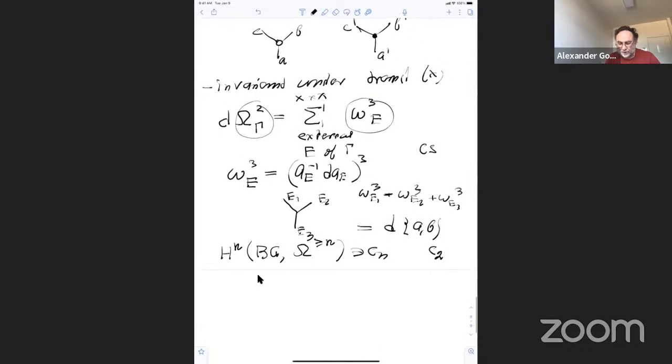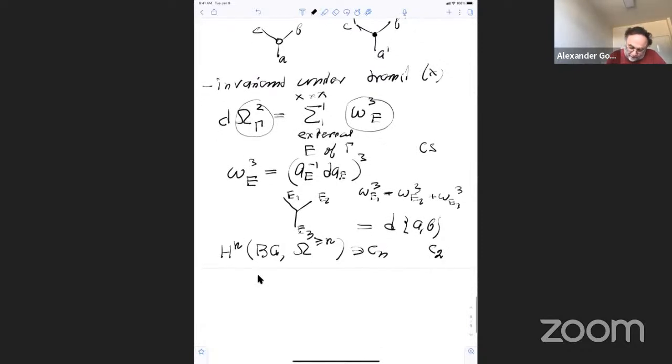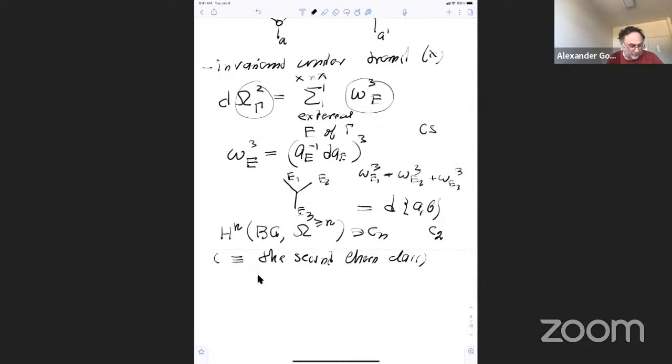So this is just the second Chern class. So this data is precisely the second Chern class, but with coefficients in this kind of de Rham type of homology. Okay, but then the property is that it is invariant.